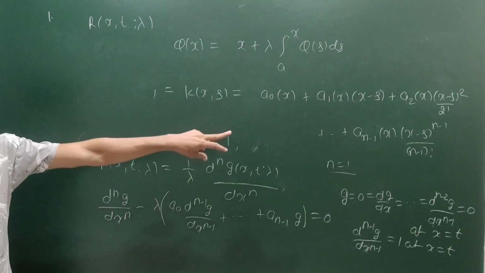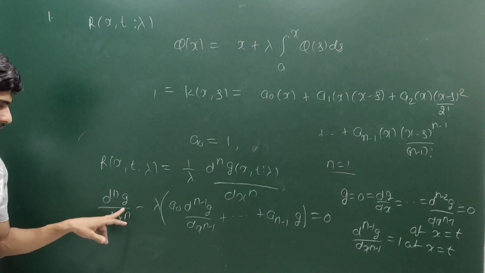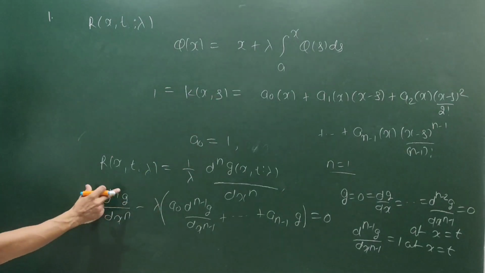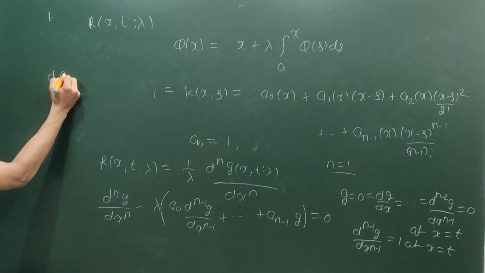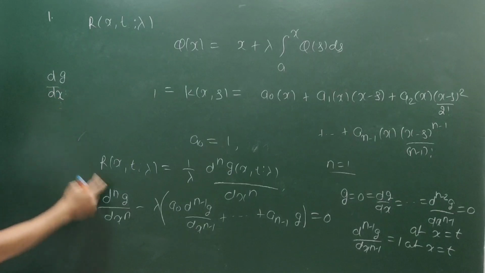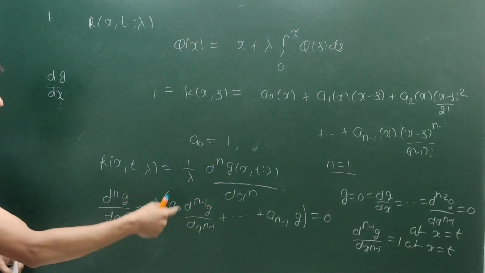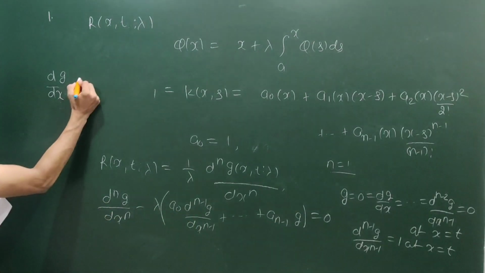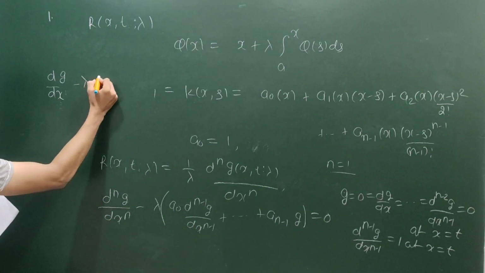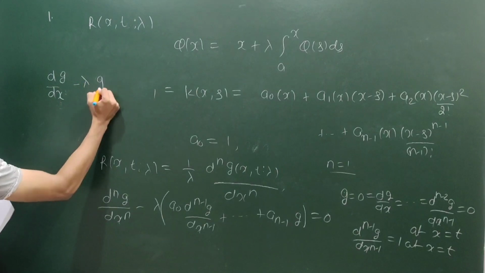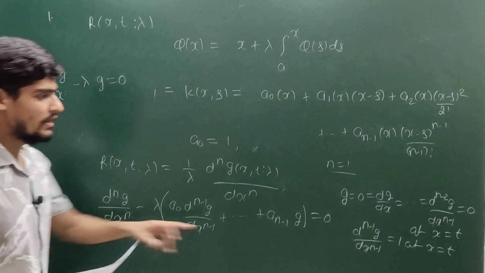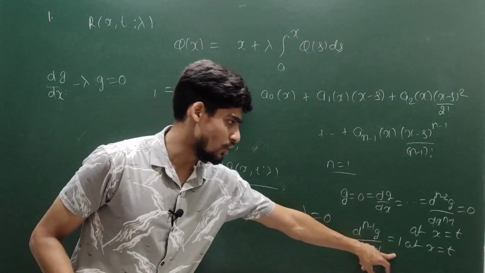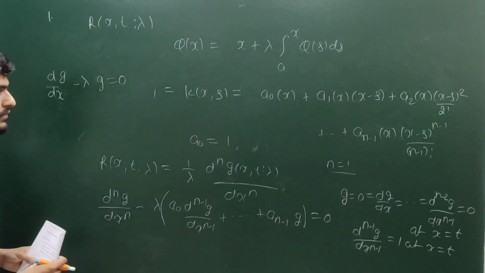Here your n value is 1, so this is a first order differential equation. Your a0 value is 1 and the rest are 0. So you have dg/dx - lambda g = 0, with the condition g = 1 at x equal to t.